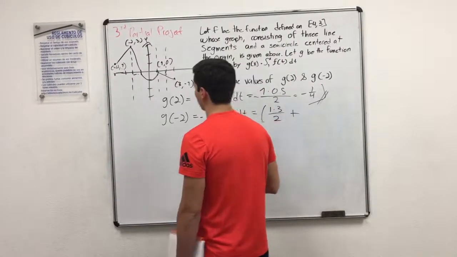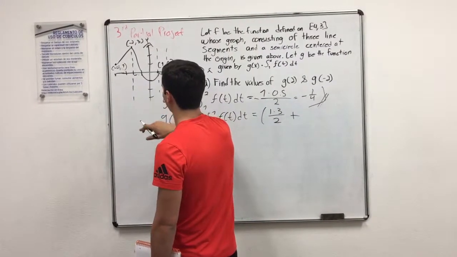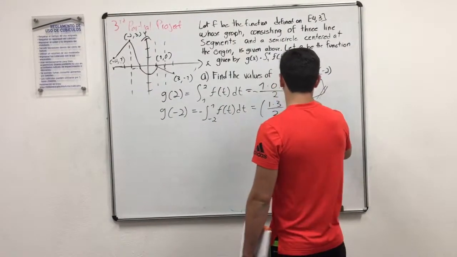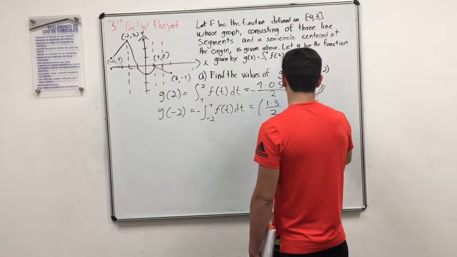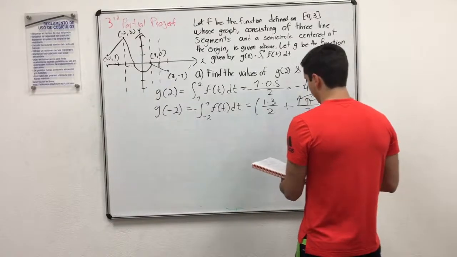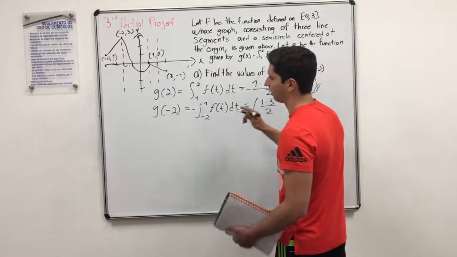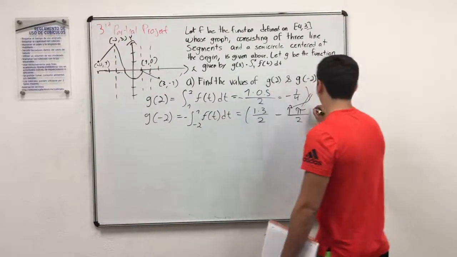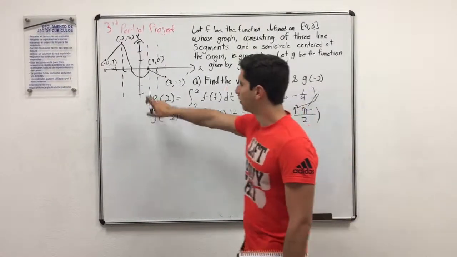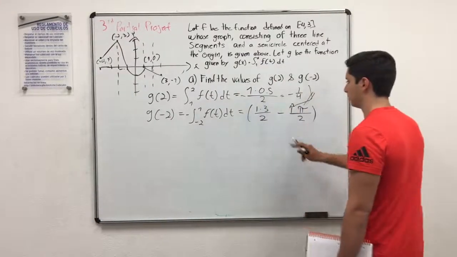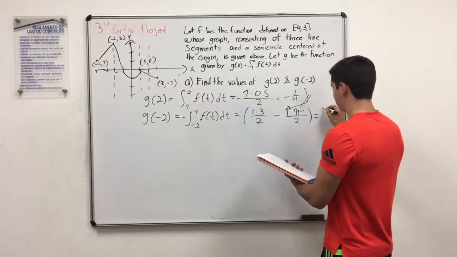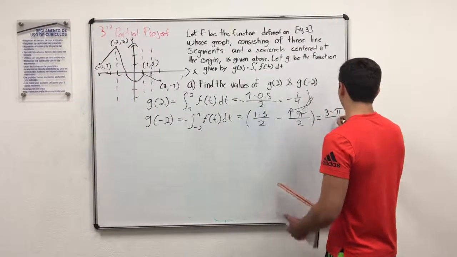And we have to add the other area of this, which is the radius squared times pi over 2, because it is just a semicircle. But because it is under the x-axis, we need to subtract from this area, because this area is over the x-axis, giving us 3 minus pi over 2.